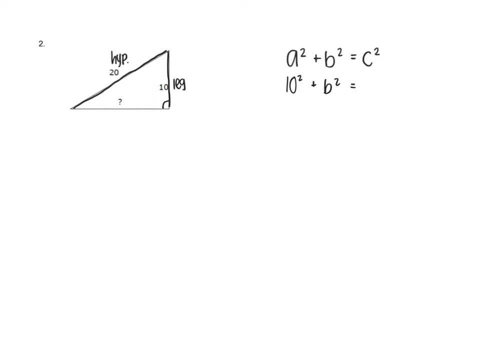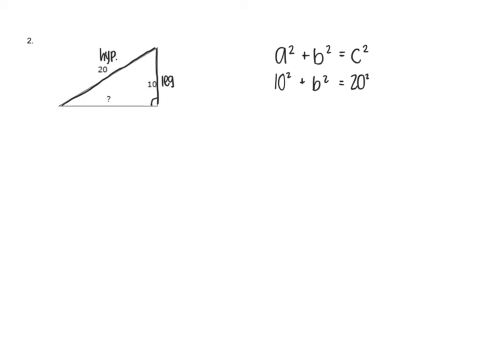So we know that our hypotenuse, which is represented by C, is a value of 20. And we're going to square that. So when I get to 10 squared, I get 100 plus b squared equals 400. We subtract 100 from both sides to get our variable on its own, and then I'm left with b squared equals 300.